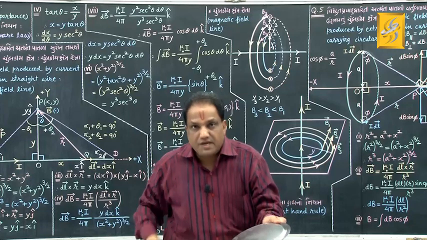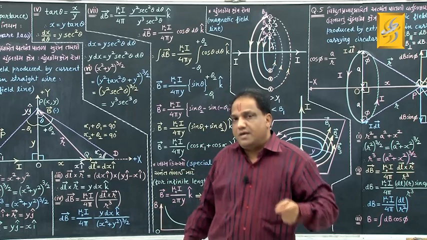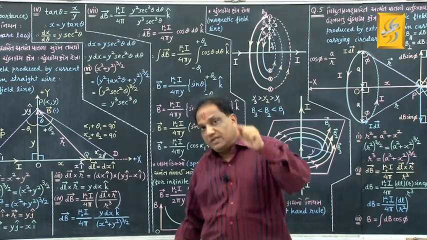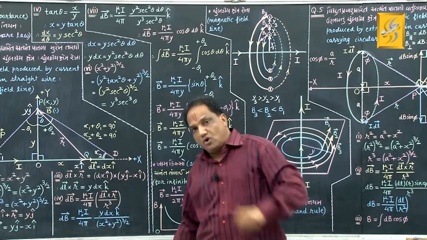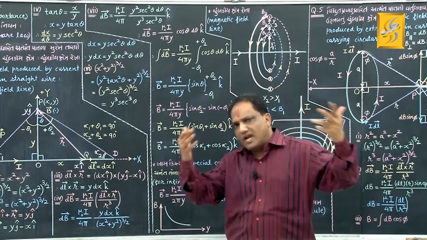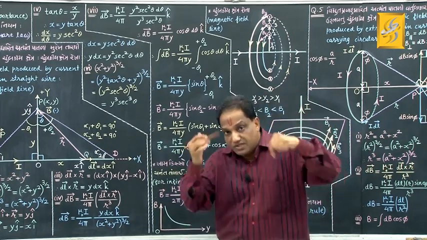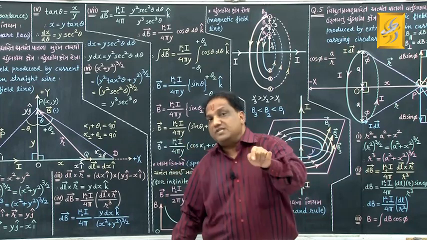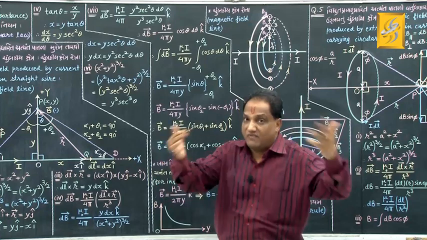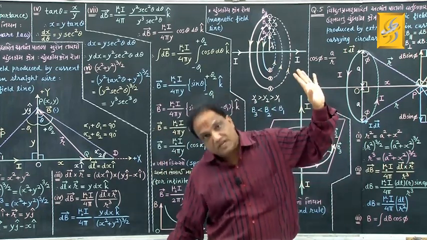If you remember, in chapter number 1, we defined electric field line this way: a characteristic curve in the electric field, the tangent drawn at every point on which gives us the direction of electric field, is called electric field line. Similarly, a characteristic curve considered in the magnetic field, the tangent drawn at every point on which gives me the direction of magnetic field at that very point, is called magnetic field line, correct?